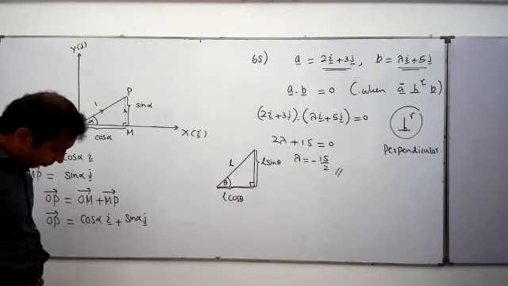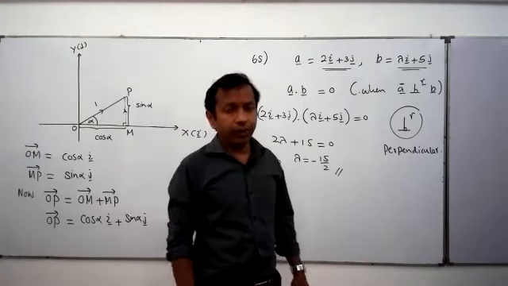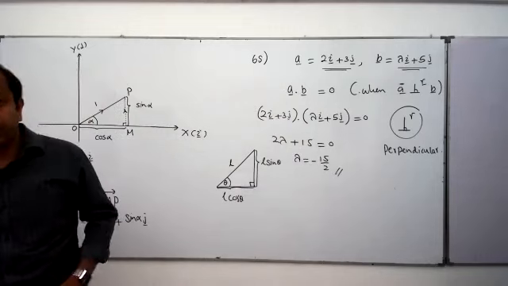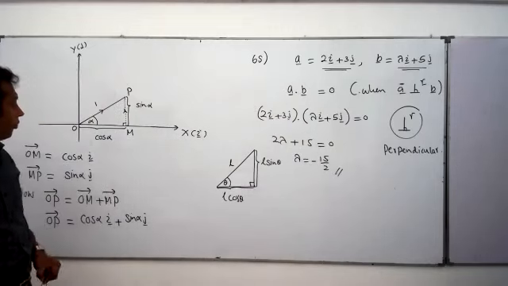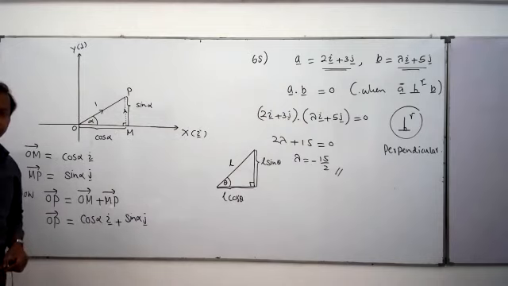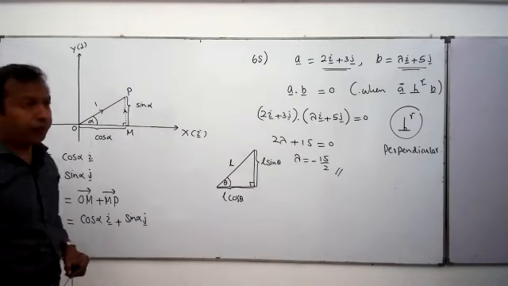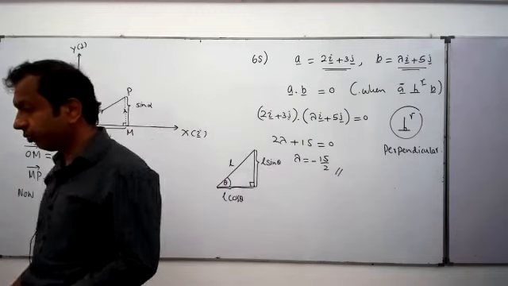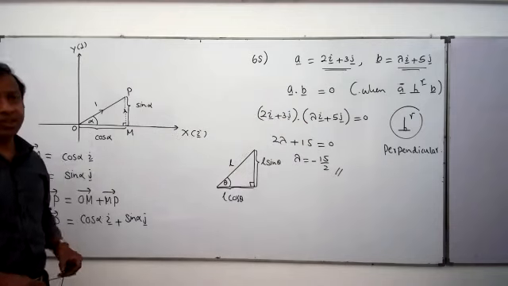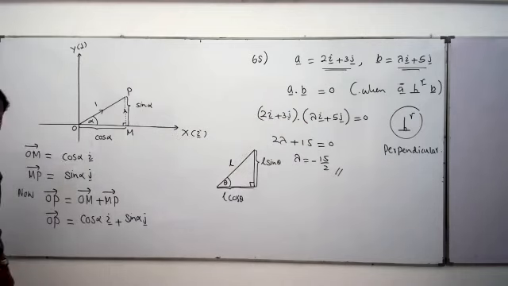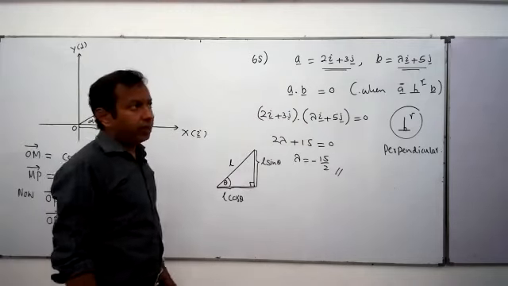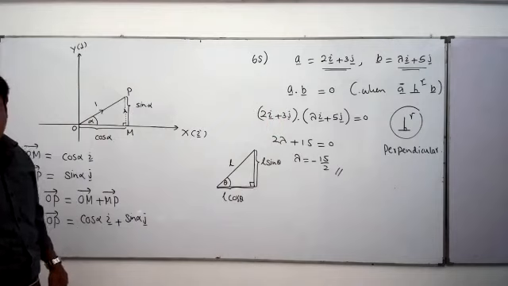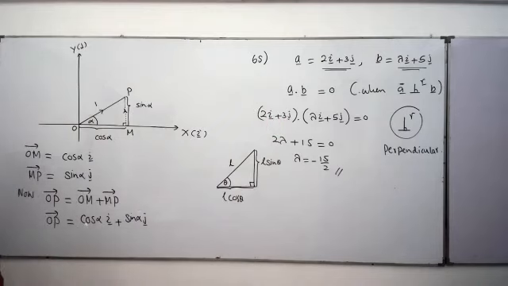Write down: consider the unit vector OP which makes an angle alpha with the x-axis as shown in the diagram below.